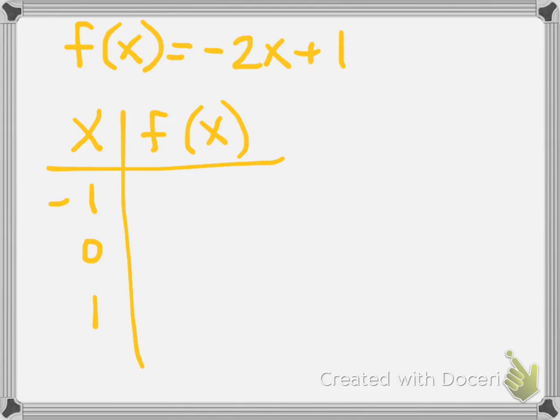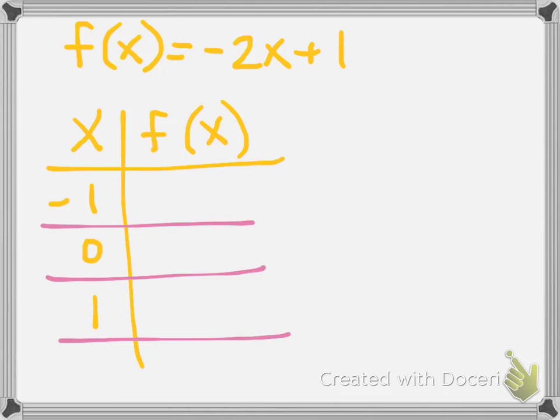So I can see in my table I have an x column and I have a function of x column, and then I have some x values that are given. If I want to fill in my table so that I know my function of x column, then all I need to do is rewrite my equation and substitute in my x values.